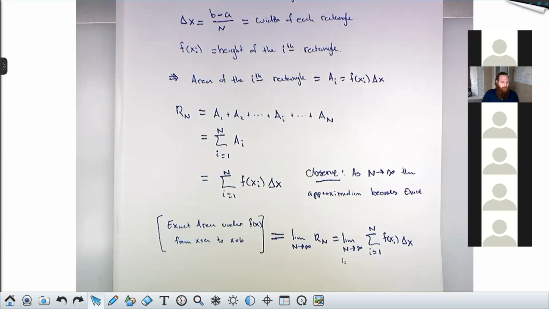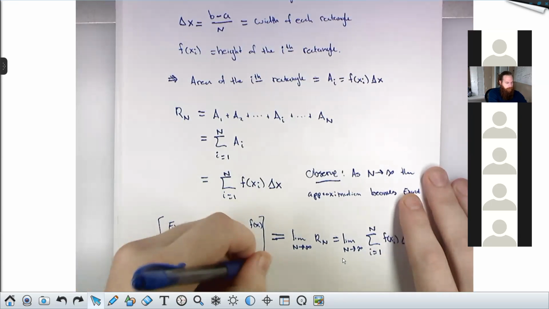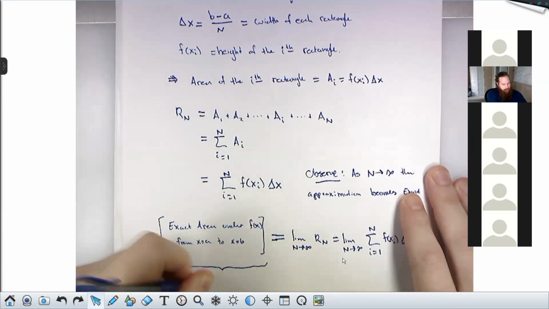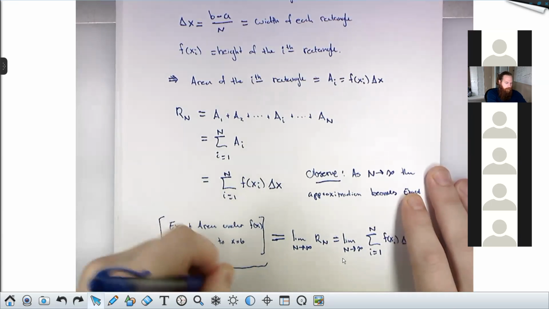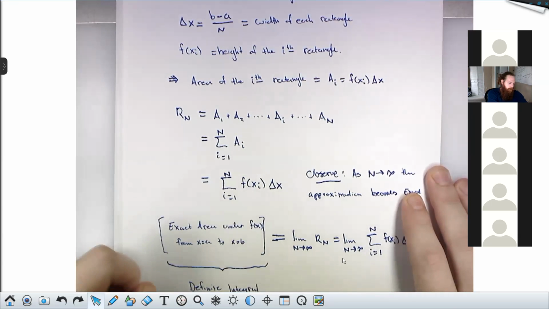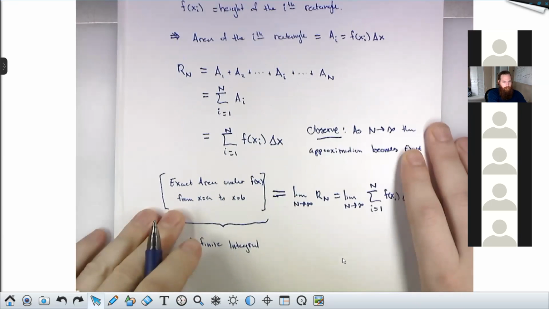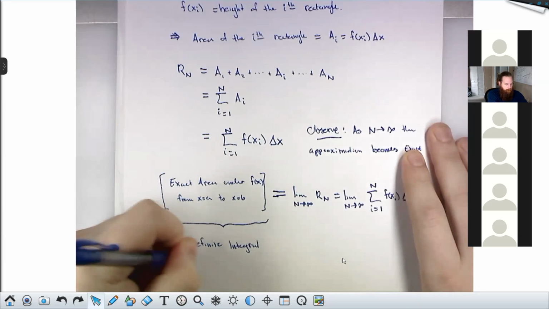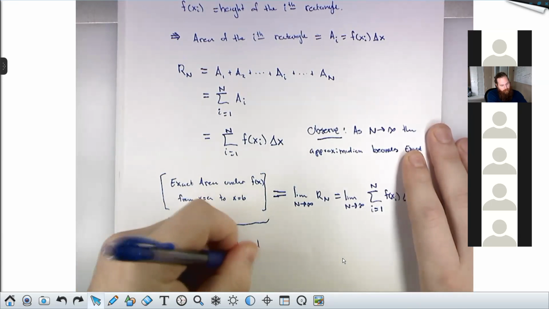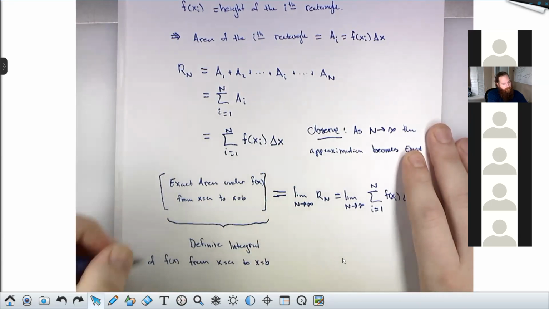antiderivatives to do this. There is a notation for this exact area. This is called the definite integral of f of x from x equals a to x equals b.